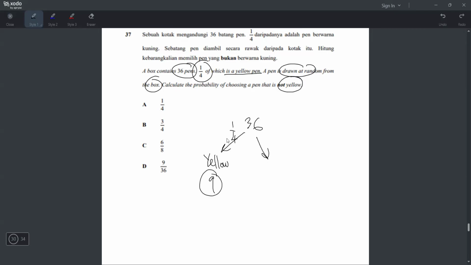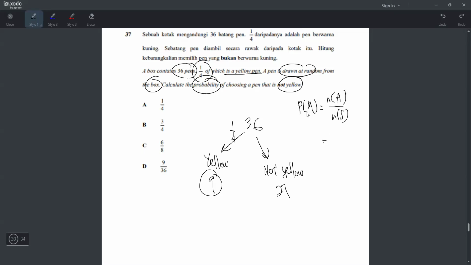Okay, I already know 9 is yellow. So how many are not yellow? 36 minus 9. So 36 minus 9, what is the answer? 27, right? But they're asking the probability of choosing not yellow. So the probability formula is P(A) equals n(A) over n(S), right?